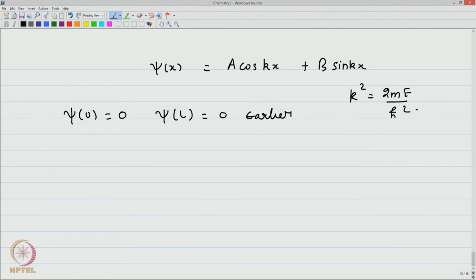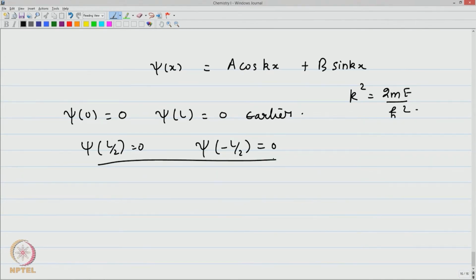Now, we are told psi of L by 2 is 0 and psi of minus L by 2 is 0. So, these are the two conditions that we have to use instead of the conditions that we used earlier. The physical boundary is shifted, but the physics will not change. The wave function of course depends on the coordinate, and therefore, the wave function representation will be slightly different. Okay. We should see that.